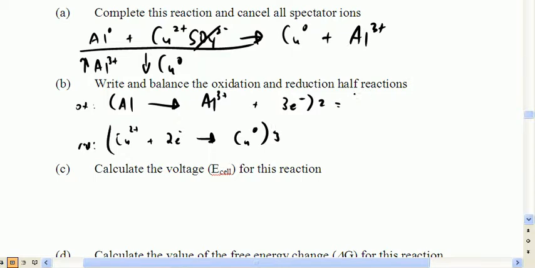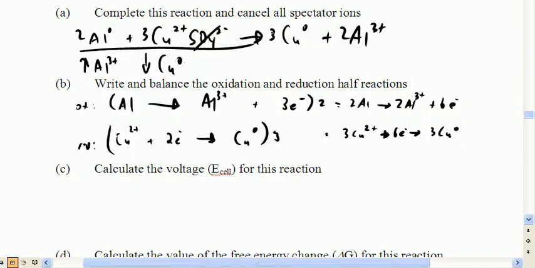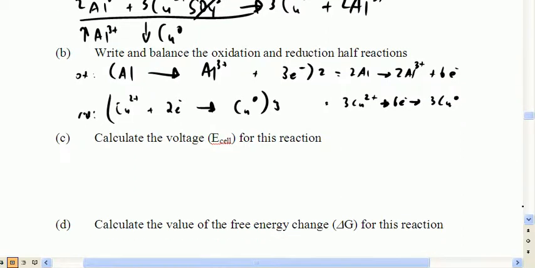So this is going to be 2Al goes to 2Al 3 plus plus 6 electrons, and this one is going to go to 3Cu 2 plus plus 6 electrons goes to 3Cu 0, just balancing it.